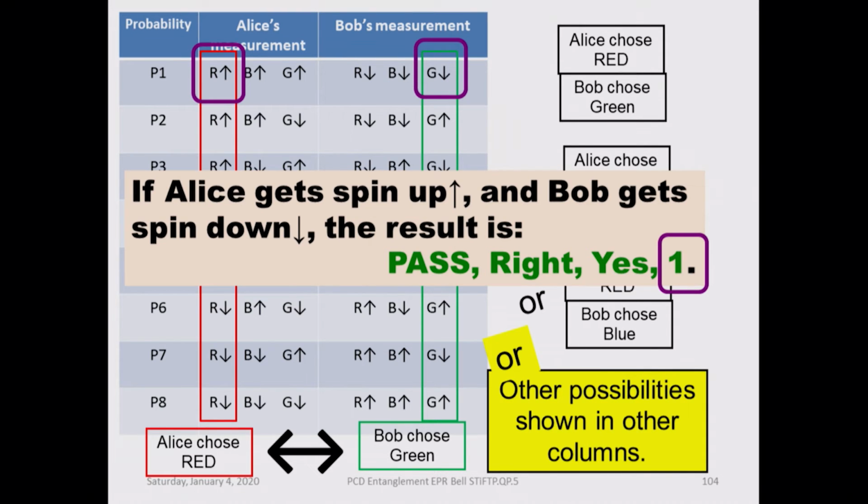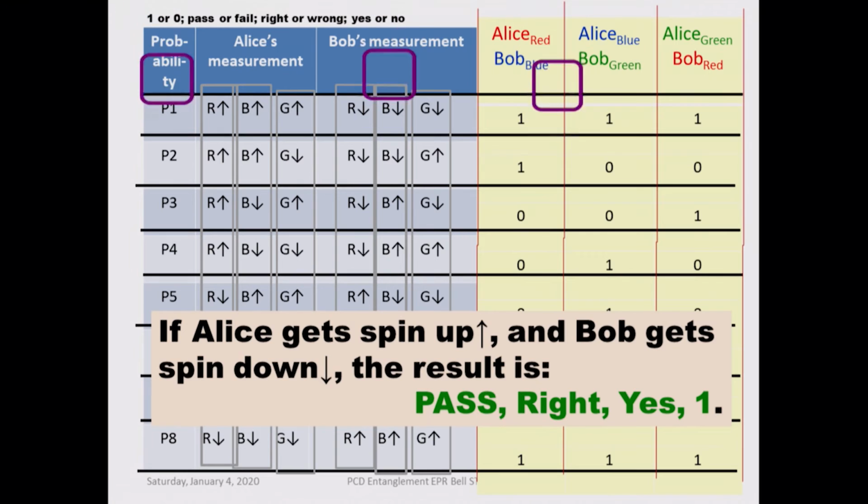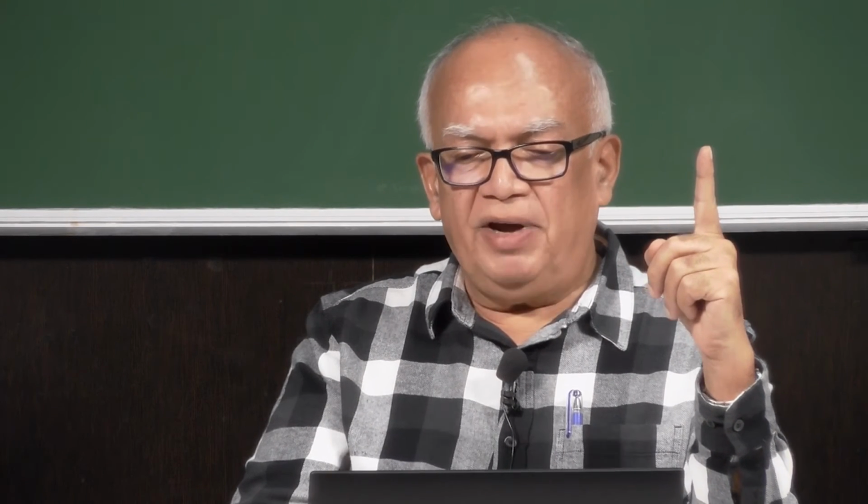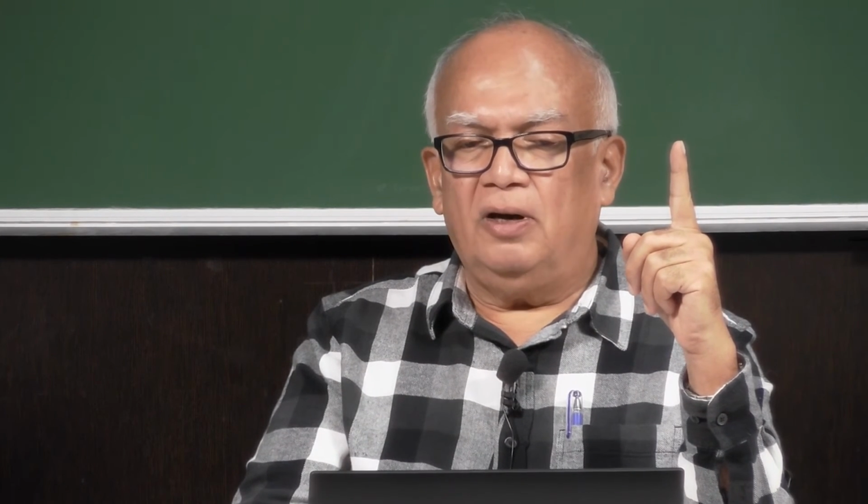Okay. So, now I have tabulated these numbers corresponding to different combinations. Okay. On the previous slide, we had Alice getting spin up using red, Bob getting spin down using green, and the result was pass. So, these are the things that are reflected here, right.